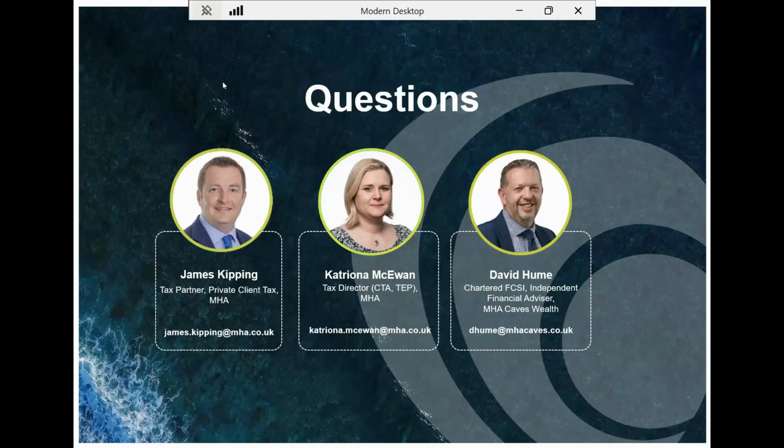One for Kat, which I suspect the answer's the same as pensions, but I'm not sure: life insurance trusts, do they have to be registered? That's more of a difficult one. So some that are just life assurance policies can be excluded, but I believe if they're ones that you can cash in during the lifetime, they are registrable.